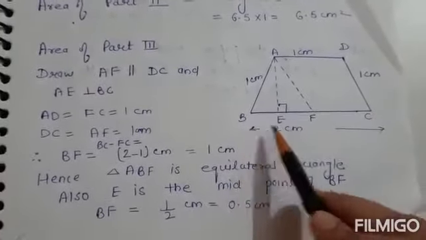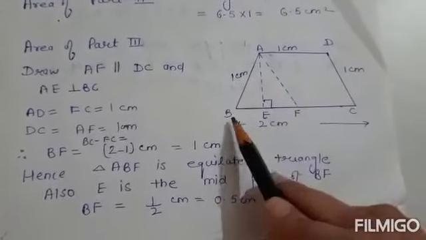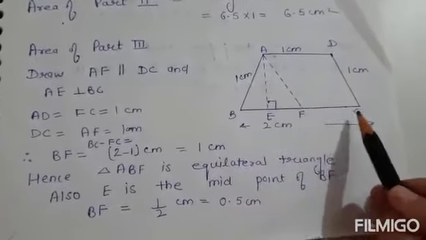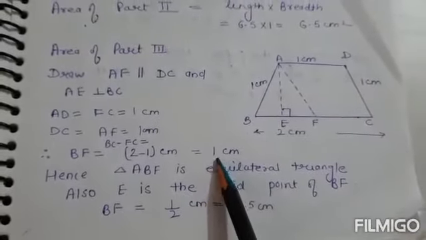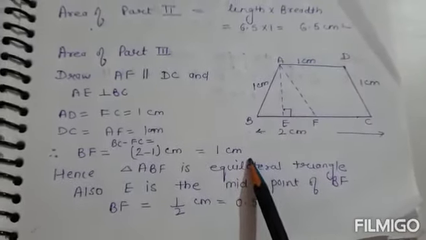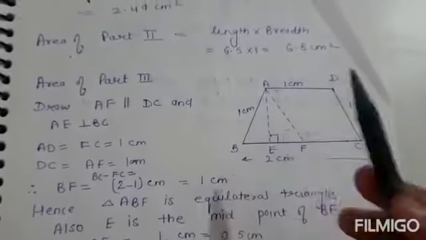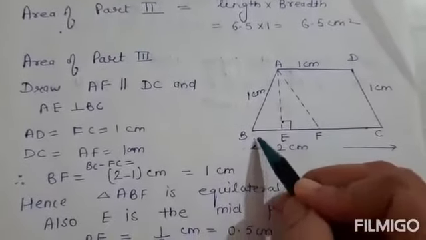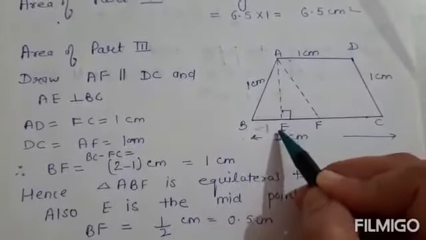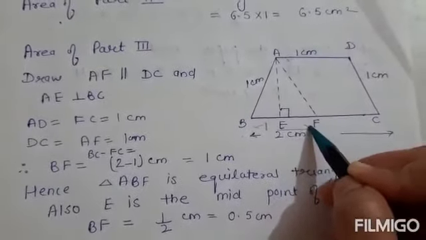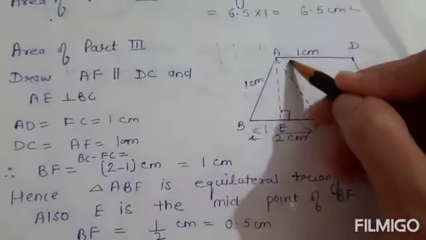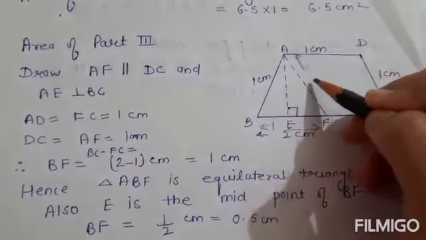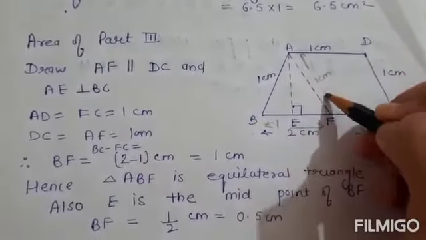So from here BF is equal to BC minus FC. So 2 minus 1 centimeter, this is equal to 1 centimeter.